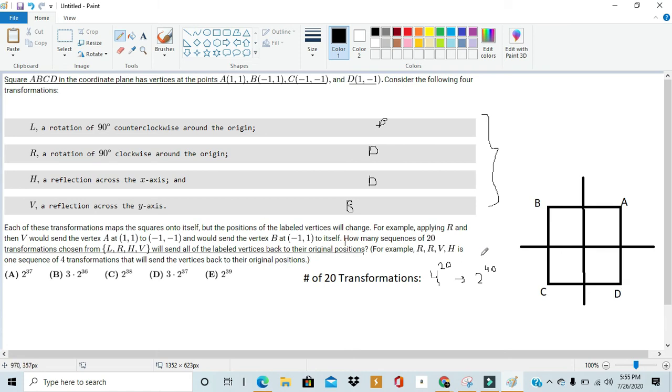Well, it might be easier to keep track of these not in terms of A's, B's, C's, and D's, but in terms of numbers. Currently, A lies in the first quadrant. B lies in the second quadrant. C lies in the third quadrant. And D lies in the fourth quadrant. Because all the options either move A to B or A to D, it becomes quite clear that after the first transformation, A will move to an even number quadrant.